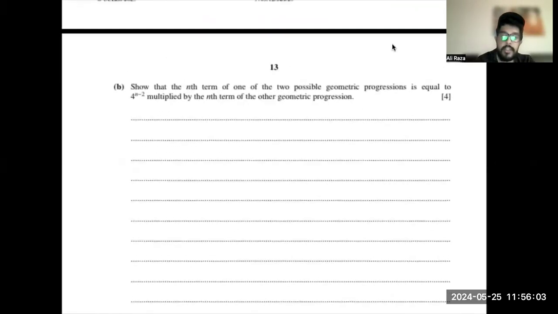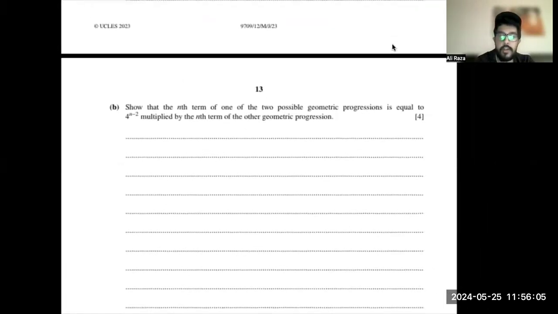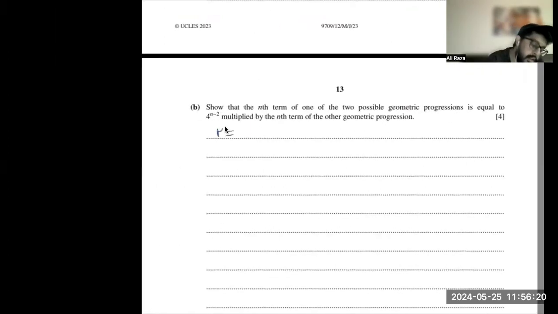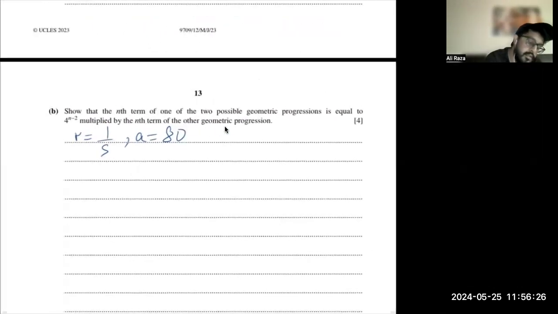In part B, we need to show that the nth term of one of the two possible geometric progressions is equal to 4 power n minus 2 multiplied by the nth term of the other geometric progression. So we have r as 1 over 5 when a is equal to 80, and r as 4 over 5 when the other a is equal to 20.